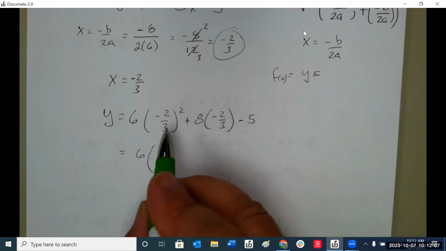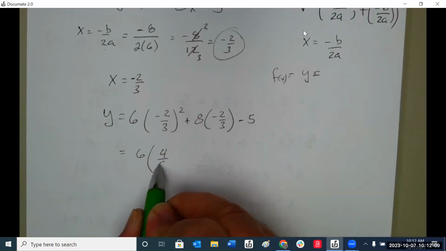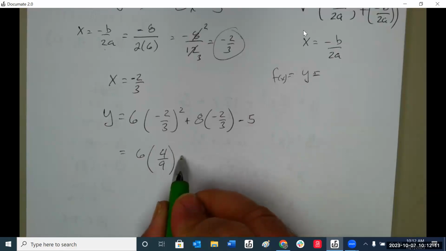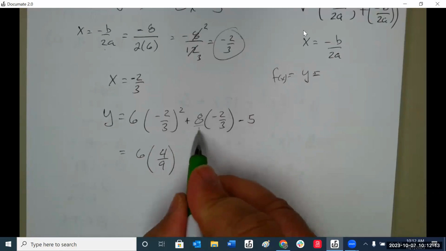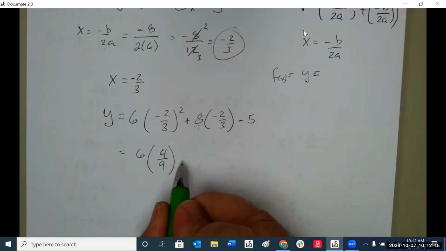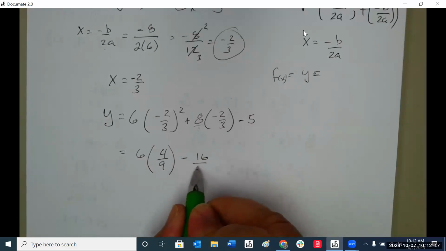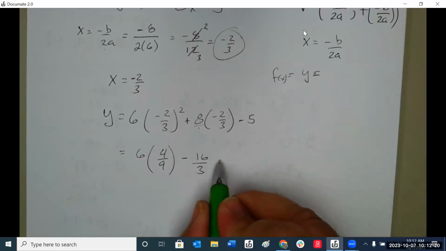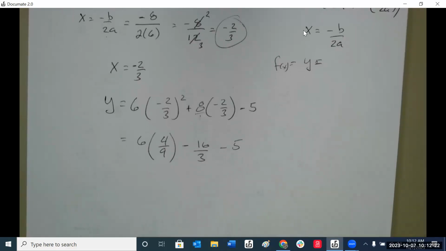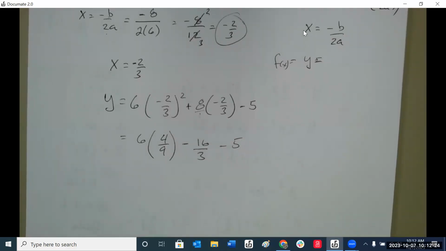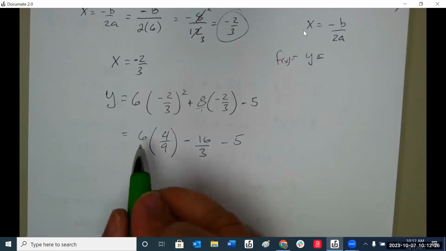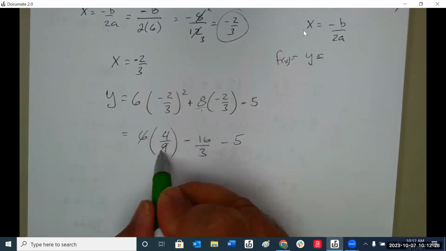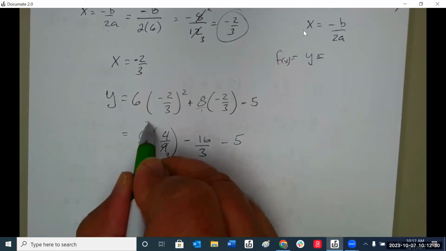So negative 2/3 squared makes it positive 4 over 9. Positive 8 times negative 2 is negative 16 over 3, minus 5. Simplify this one. So they both have a 3 in common.